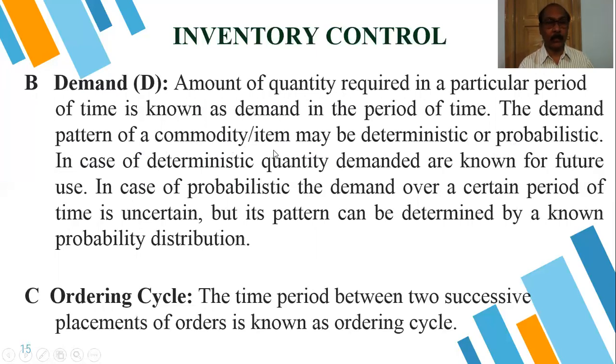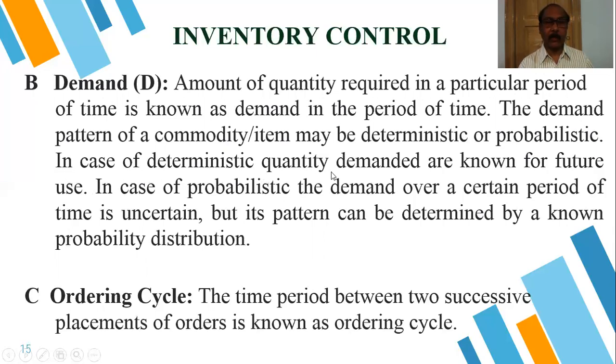That is the two models we already went through, the deterministic model and the probabilistic model. From the deterministic model we know how much quantity we need, but in the probabilistic model we have to find out how much will be demanded, which we calculate from our expected demand.